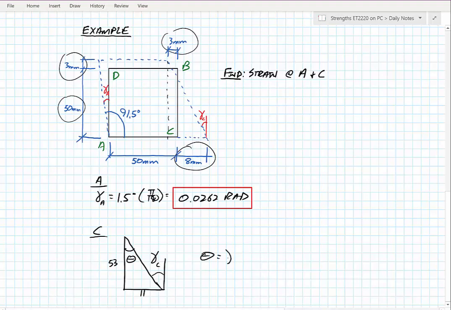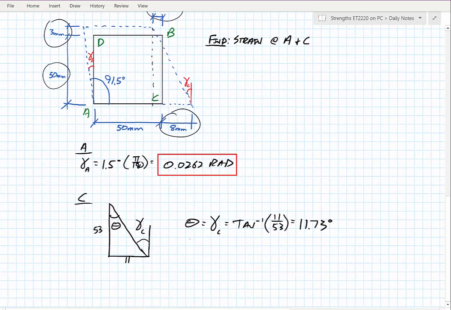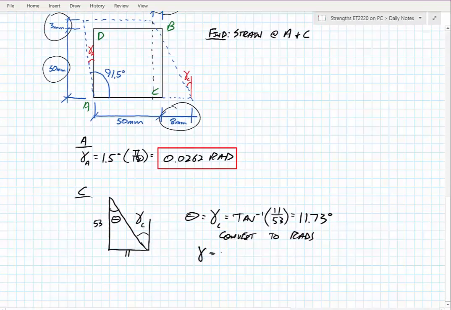So theta is equal to gamma C, which is equal to the inverse tan of the 11 over the 53, and that gives me 11.73 degrees. So convert to radians, what I end up with is gamma is equal to 11.73 times pi over 180, which gives me 0.205 radians.